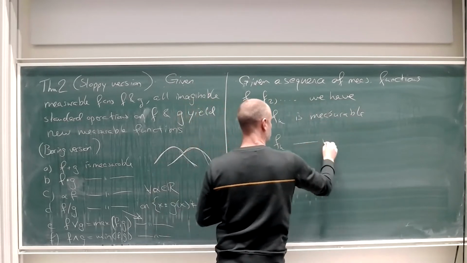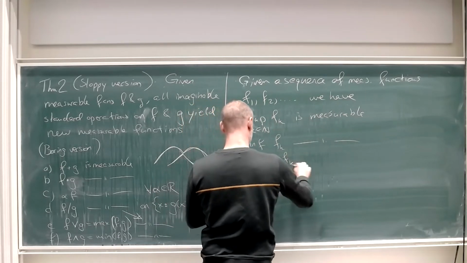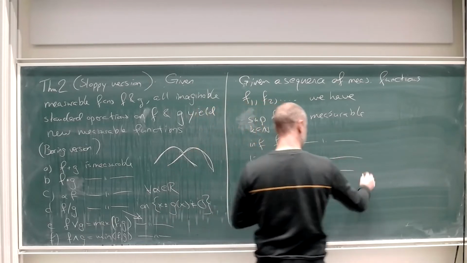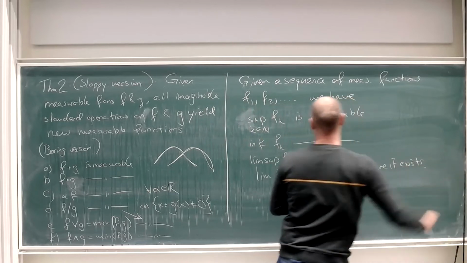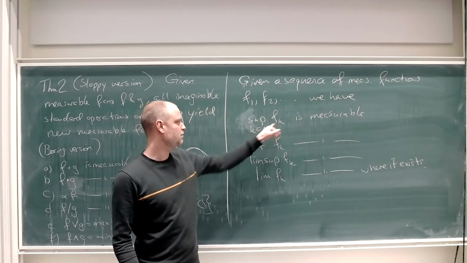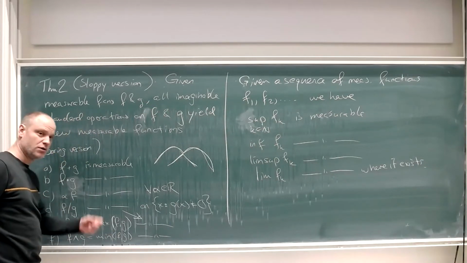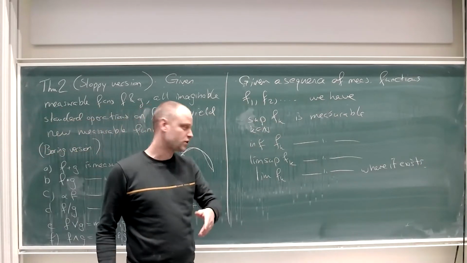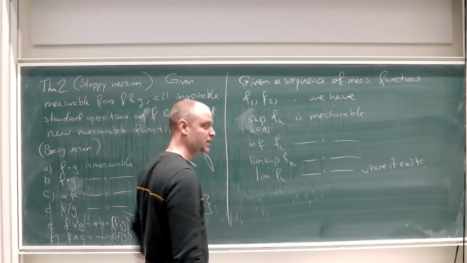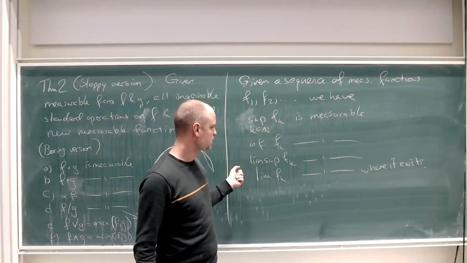The infimum of f_k is measurable. So here, maybe mathematically there's not much going on, but it's for you to get your mind on it. The supremum of f_k over a countable sequence is just like taking the maximum of 2, but at each point you take the supremum of all the functions, right? If you can always take a maximum of 3 functions, 4 functions, then also of countably many functions. So that's preserved for the infimum as well.